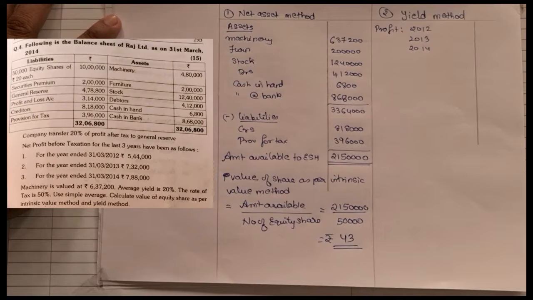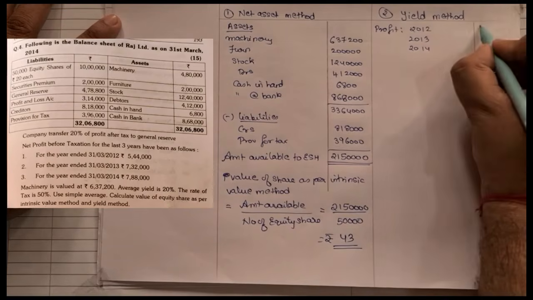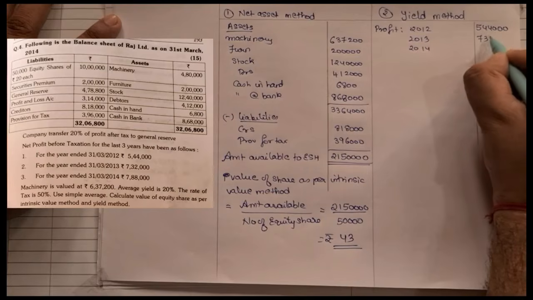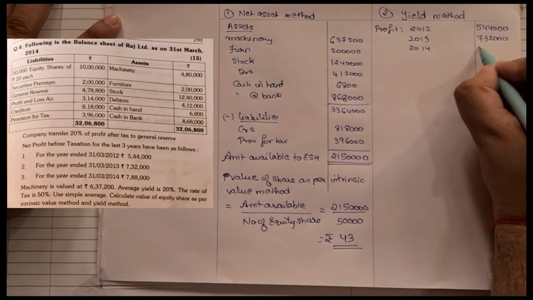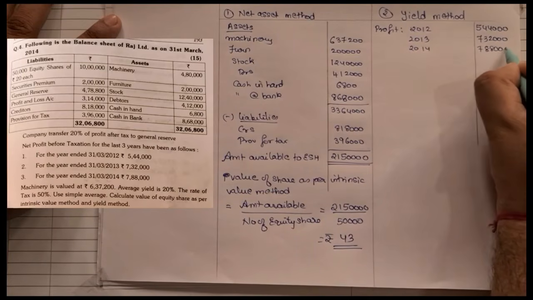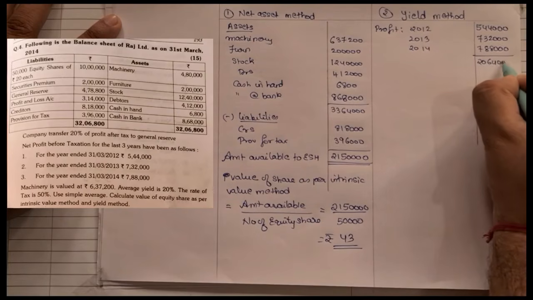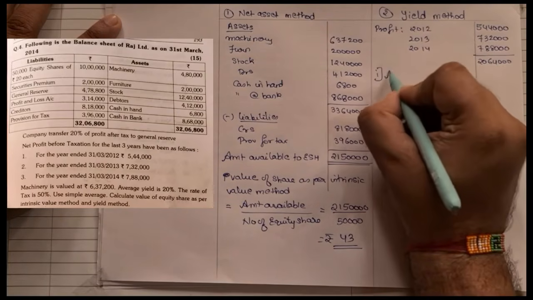The amounts are, first one is 5,44,000, second one is 7,32,000, and third one is 7,88,000. The total comes to 20,64,000.